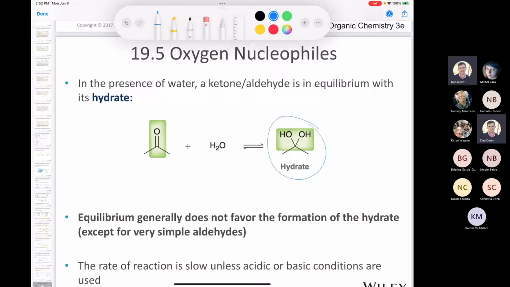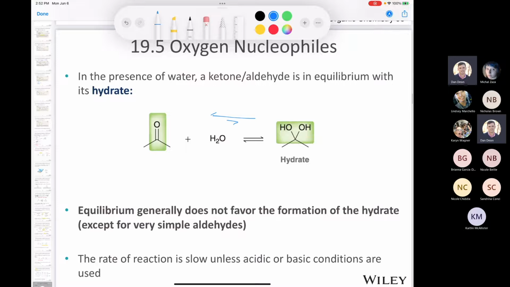So this is a new functional group, a hydrate. A hydrate is where you have a carbon and you've got two alcohols attached to it essentially. Now, the equilibrium doesn't favor the formation of the hydrate. The equilibrium is actually going to lie to this side, unless you're dealing with a very simple aldehyde like formaldehyde, for example.